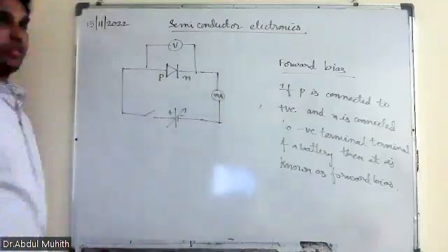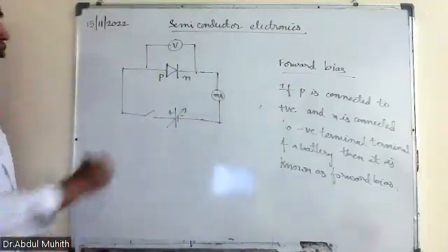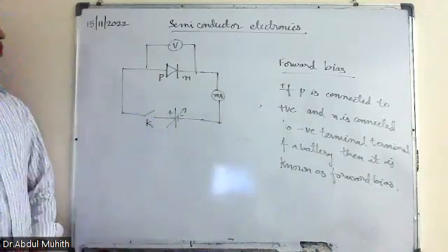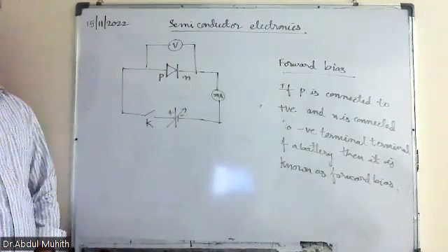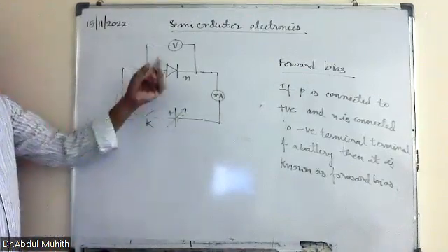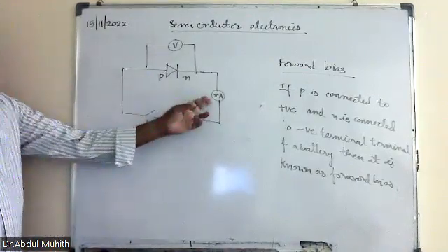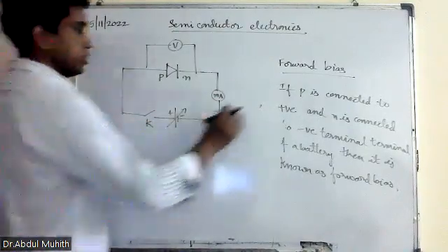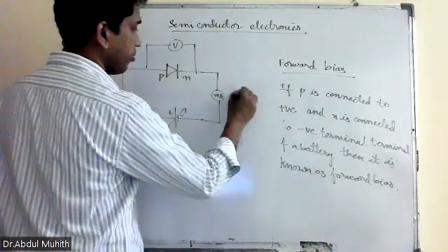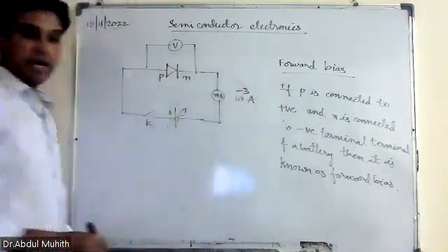So this is a PN junction diode, when P is connected to positive and N is connected to negative. Here the voltmeter is connected in parallel, and the ammeter is connected in series. Milliammeter means the magnitude is 10 to the power of -3 amperes.